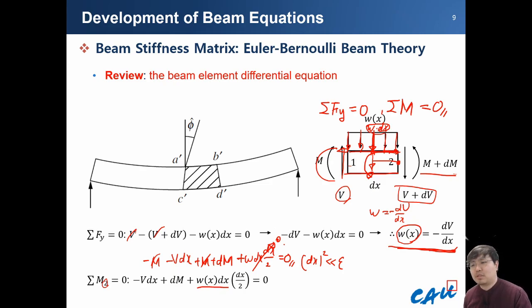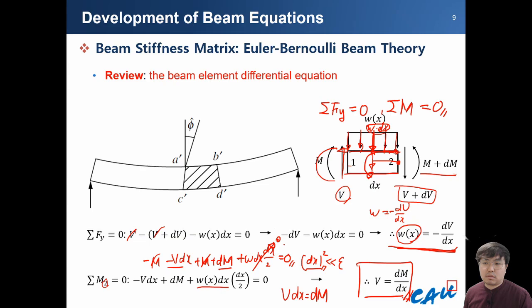So that is not the correct assumption, but the squared term is too small. So finally we can only consider these two terms, V dx equal to dM. So finally we obtain this relationship.